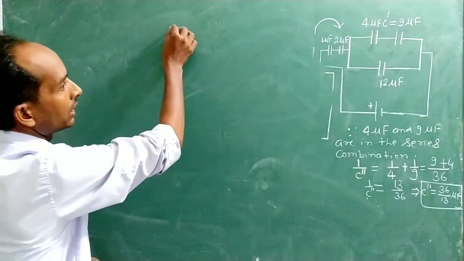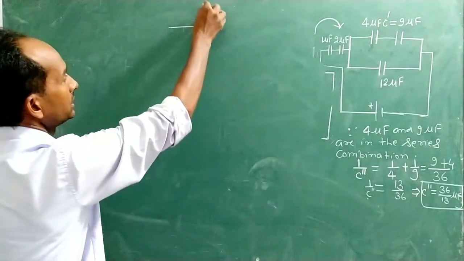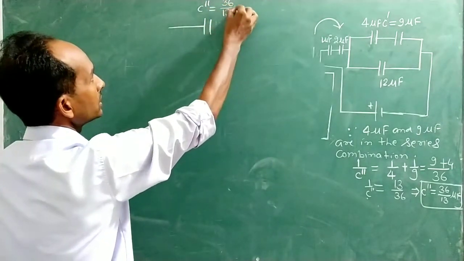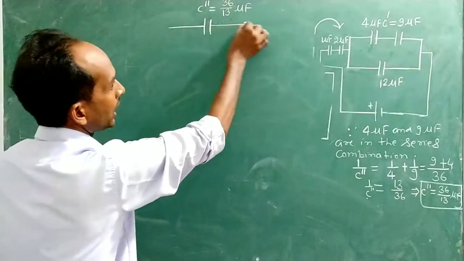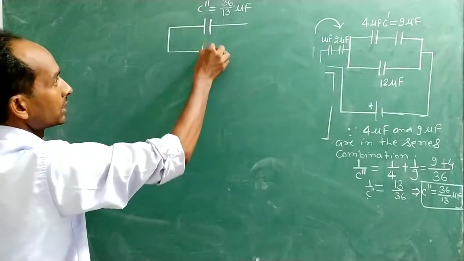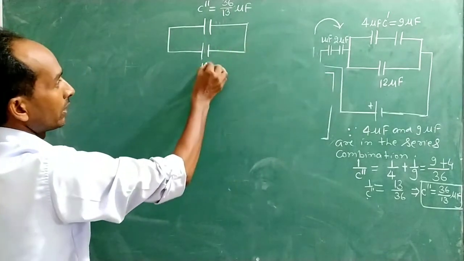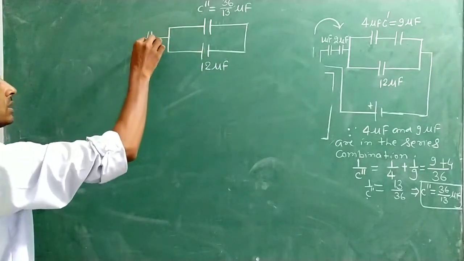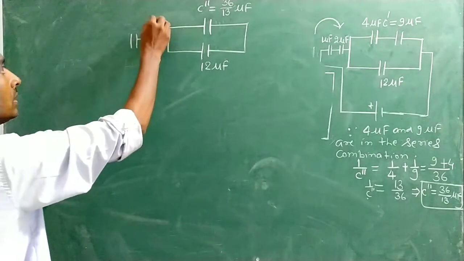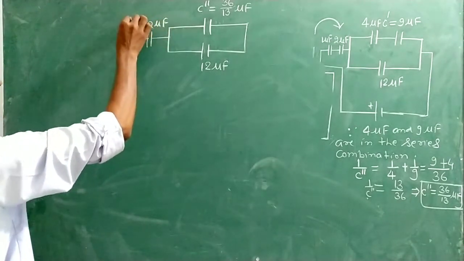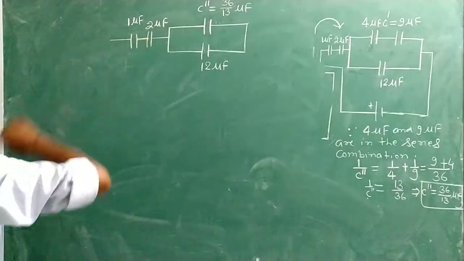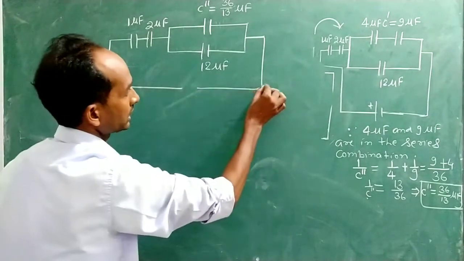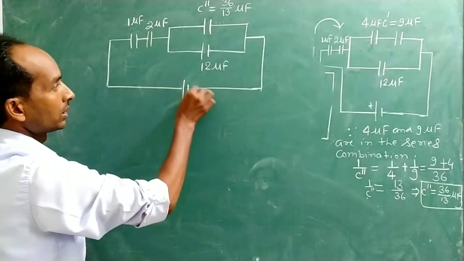So this will become like this: C double dash, that is 36 upon 13 microfarad, and this is 12 microfarad, and this is equal to 2 microfarad and 1 microfarad, and this will be connected to the cell of 6 volt.